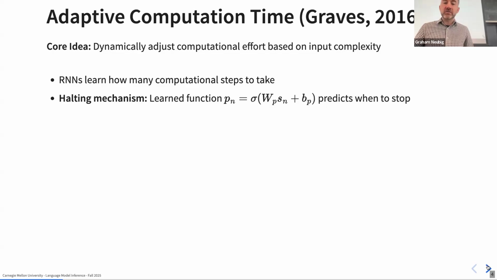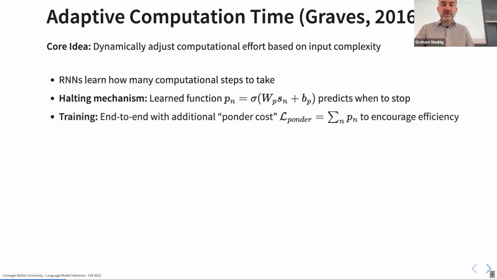The way the halting mechanism worked was, if you had the hidden state of a recurrent neural network, you would run it through a sigmoid style predictor that would then predict I should stop or I should not stop. And then after you ran that, you would decide whether to stop or not.